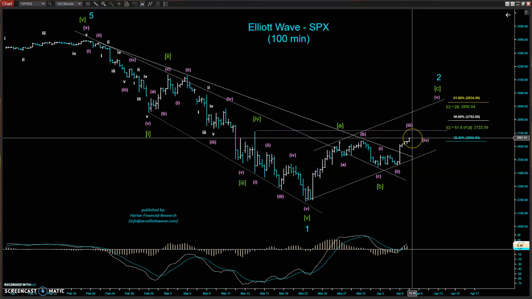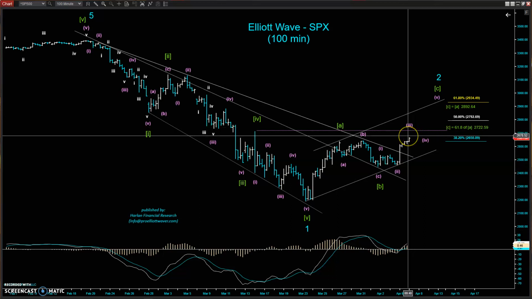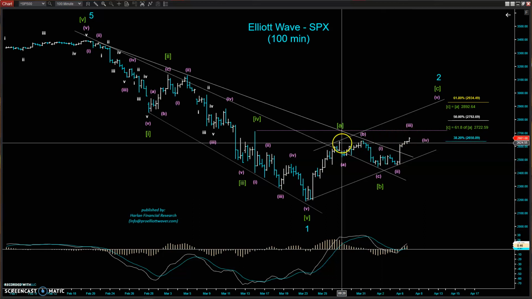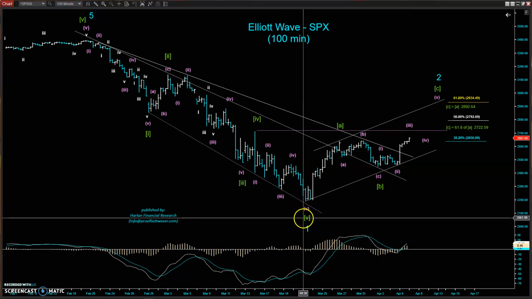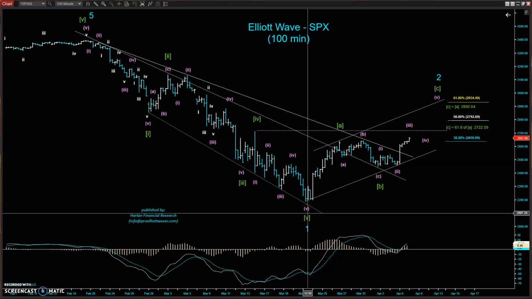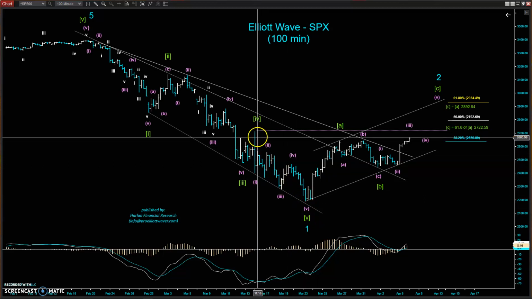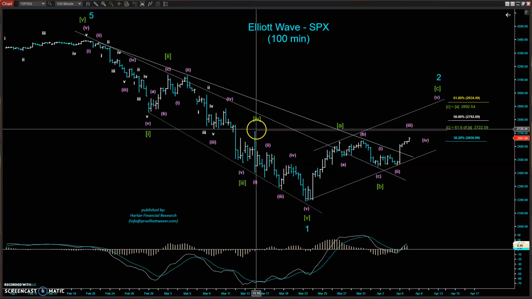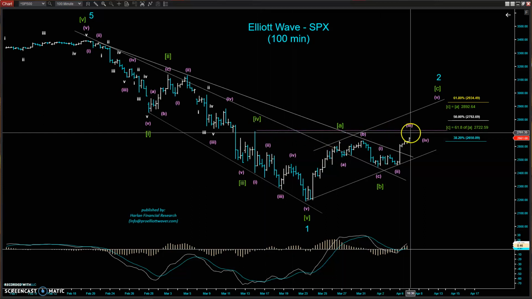to play out. The next target, anytime you finish a 5-wave pattern down like this, is wave 1 as we're counting it. The market goes back to the 4th wave of the lesser degree, which is right here, and that's where the market's headed to right now.